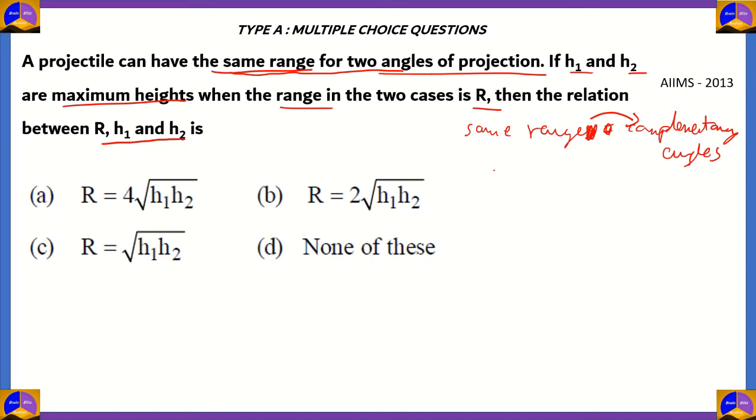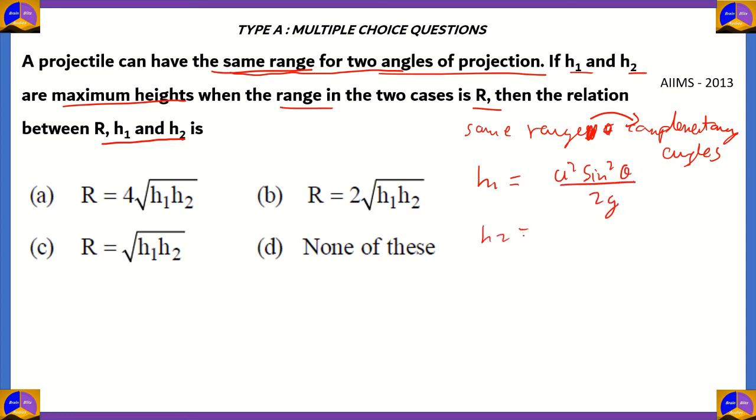So let's find out the values of h1 and h2. Here we use the formula for maximum height, which is u square sine square theta divided by 2g.